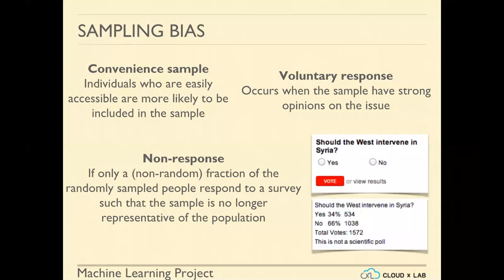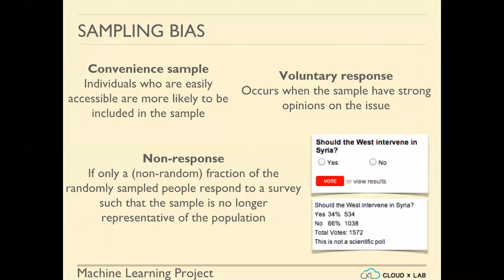Second is the voluntary response. It occurs when the samples have a strong opinion on the issue. Say, for example, you want to conduct a survey on whether the West should intervene in Syria.